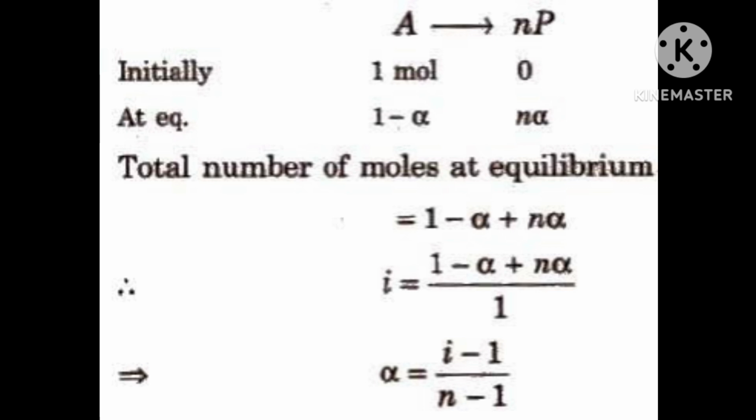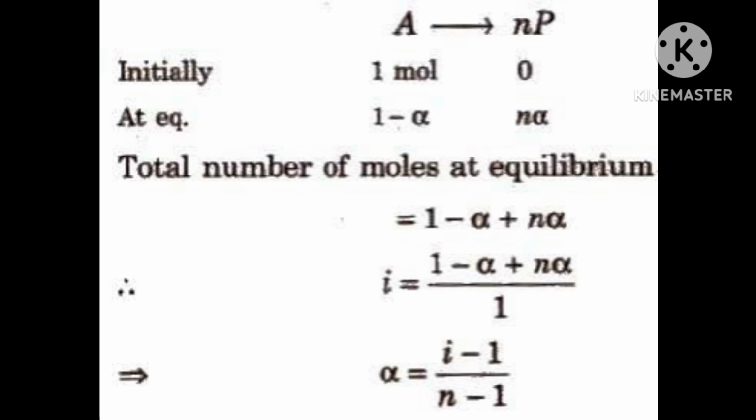From x you got the value, 1 minus x. Then you got 99.2. You can convert 0.992 into percentage.